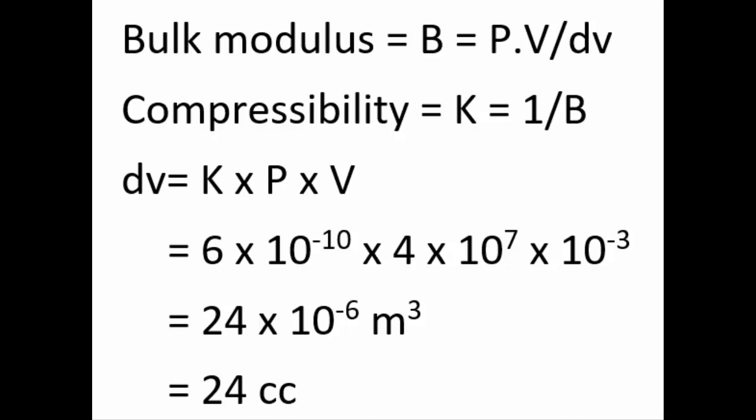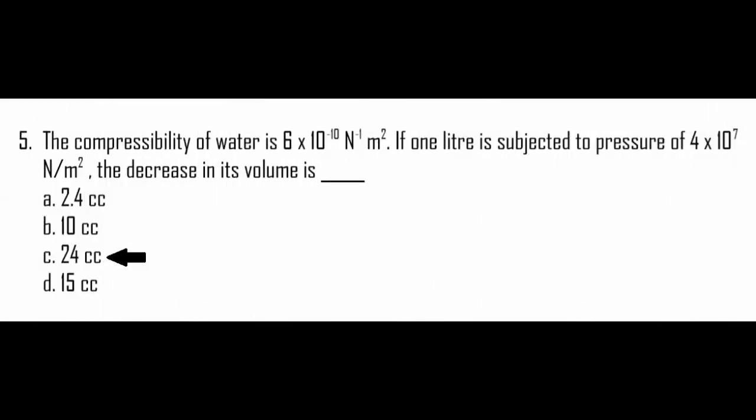The compressibility is the reciprocal of bulk modulus. Hence, the change in volume of the water is compressibility into pressure into volume. If you substitute the values, the answer is 24 cubic centimeter.